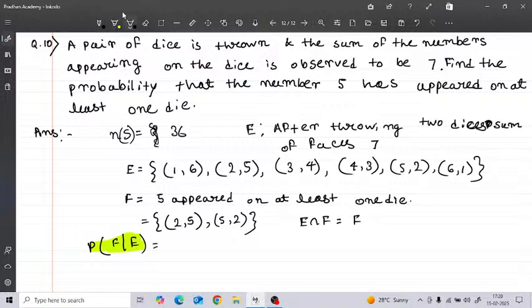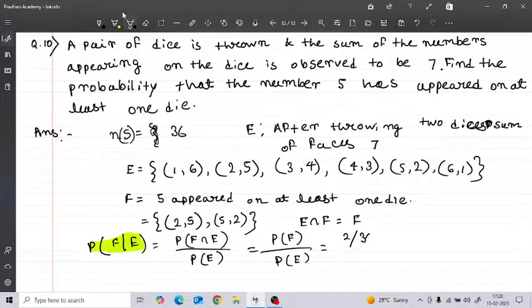So using the conditional probability formula, that is probability of F intersection E divided by probability of E. Let's put the values. The probability of F intersection E is 2 by 36, as the sample space consists of 36 elements, and the probability of E is 6 by 36.